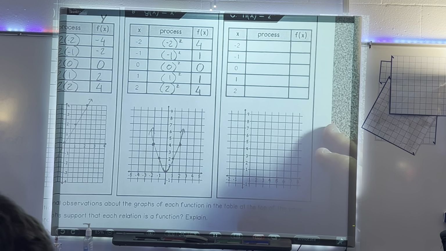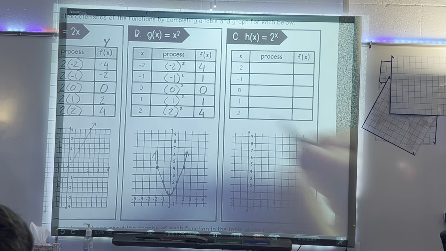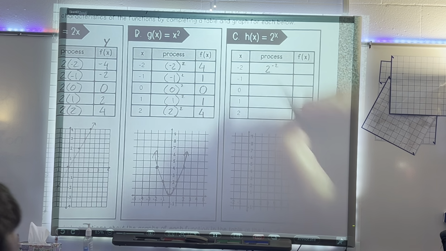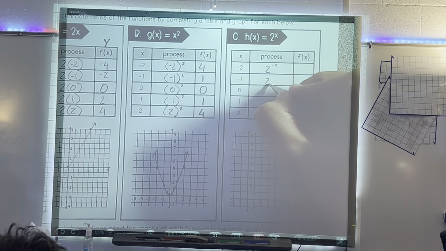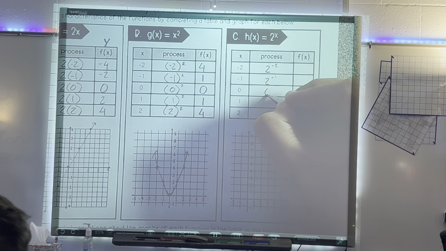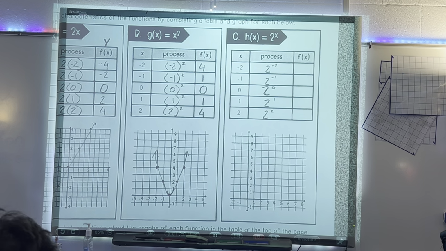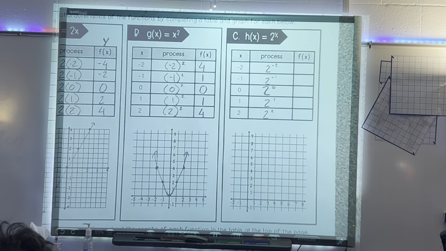Alright, so now we're going to look at this other one. I'm doing the same thing, I've got 2 to the x. So I have 2 to the -2, 2 to the -1, 2 to the 0, 2 to the 1, 2 to the second. Okay, without a calculator, I want us to think through this.